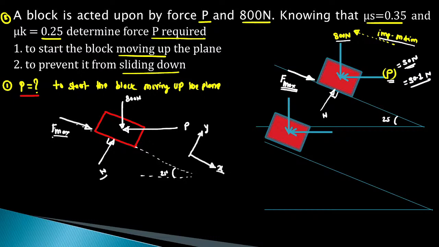So, no need to resolve F max and this normal reaction, but we have to resolve this 800 Newton. Okay. So, observe here 800 Newton is exactly vertical and it is inclined to y axis. So, we have to resolve that force. Force P is exactly horizontal, but it is inclined to this x axis. So, try to resolve these forces.